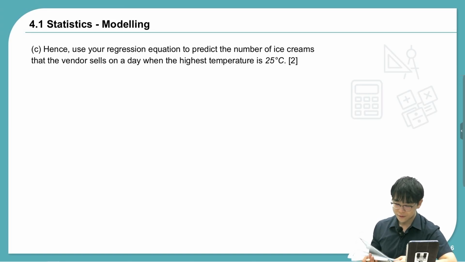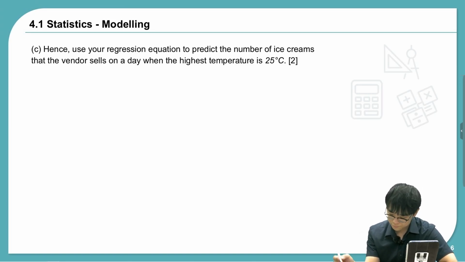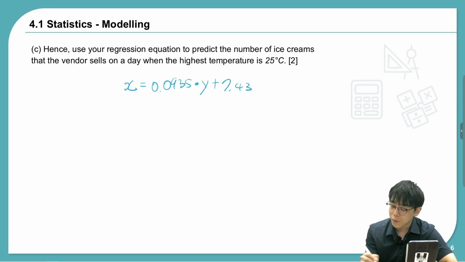Next, if you want to use this to find the number of ice creams sold when it's 25 degrees Celsius, we would use x equals 0.0935 times y plus 7.43. When the temperature was 25, we found earlier that there are 310 children.